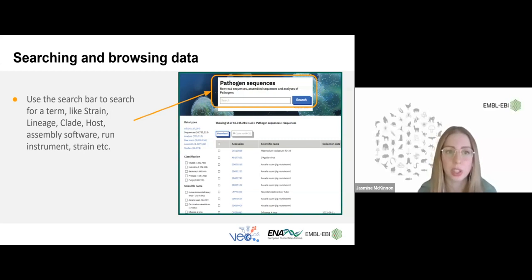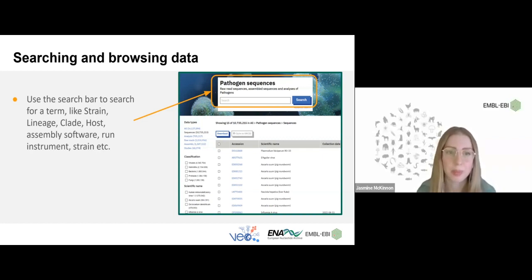You can use the search bar in the top. You could search for any term, things like strain, lineage, clade, host, assembly software, run instrument, whatever you're interested in, you can type it in there and try it and see what results you get. It's always a good place to start.